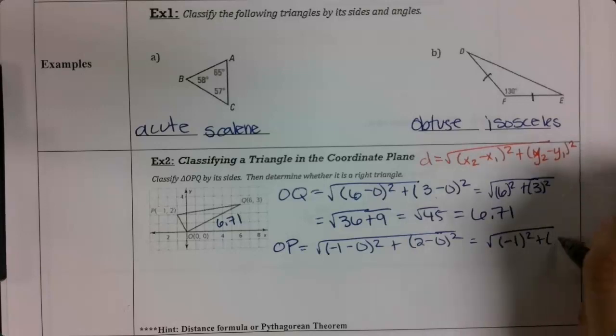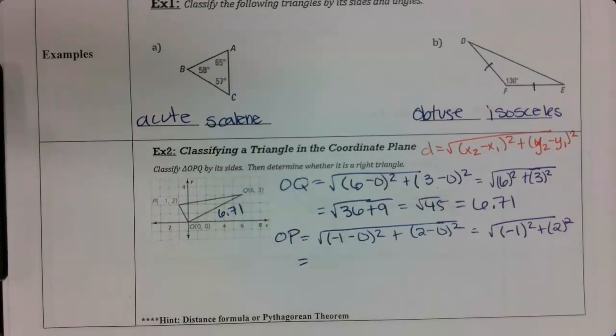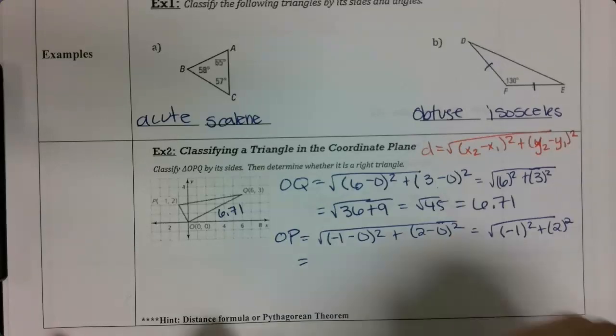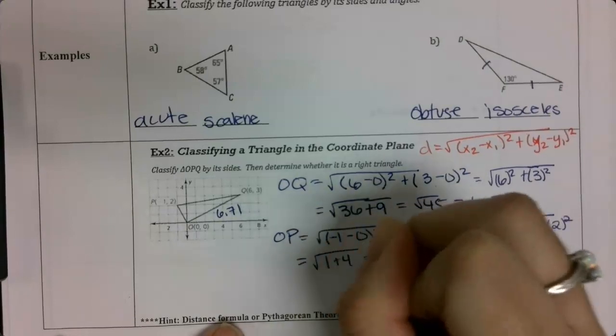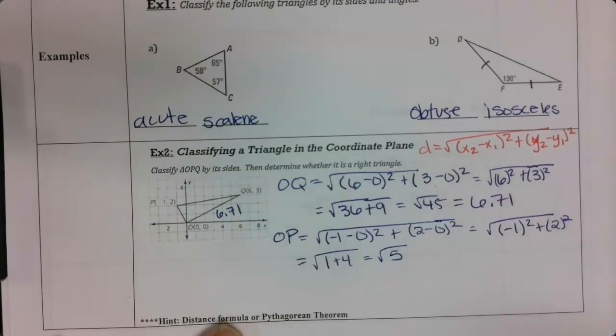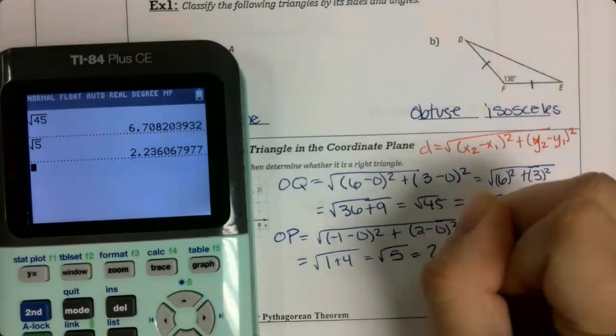And 2 minus 0 is 2. What's negative 1 squared? What is 2 squared? 1 plus 4? 5. So I want to find the square root of 5. So that is 2.24.